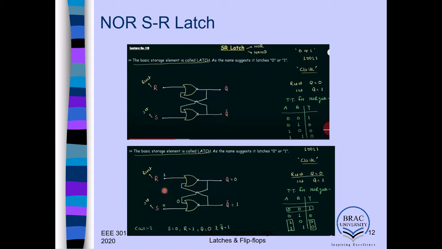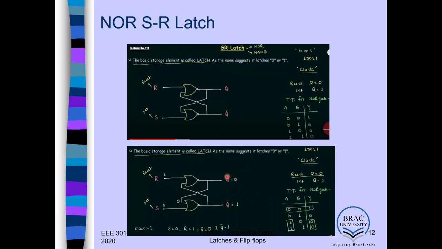Looking at the truth table, if either of the inputs is 1, then output is 0. You don't need to look at the second input. So we can say our Q is 0.